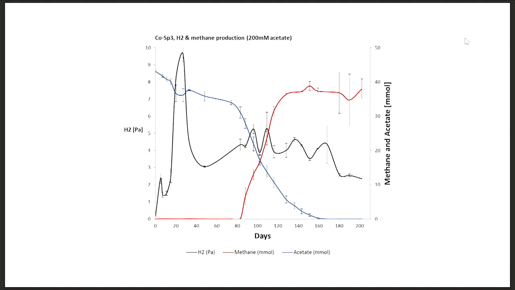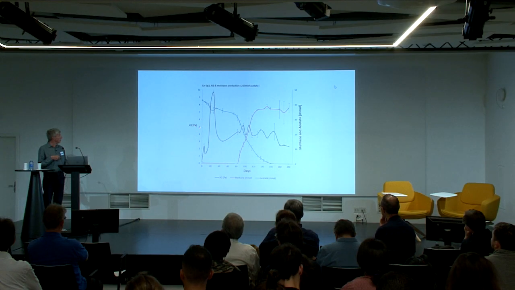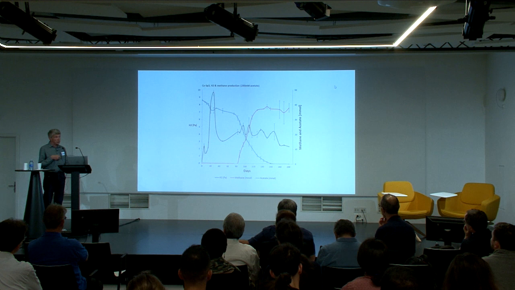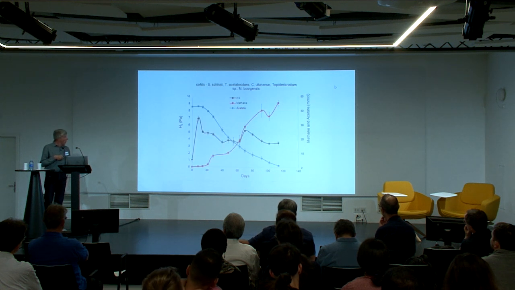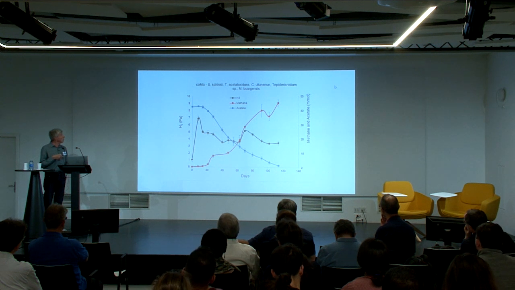So one of these acetate oxidizers and hydrogenotrophic methanogens, they give them lots and lots of acetate, so it takes quite a long time to do these experiments. And they measure hydrogen at very low concentrations. You can see that is like 5 or 10 Pascal. And 1 Pascal is 10 to the -5 atmosphere, so it's low. This is another co-culture, a mixture of co-cultures with the same methanogen all the time.